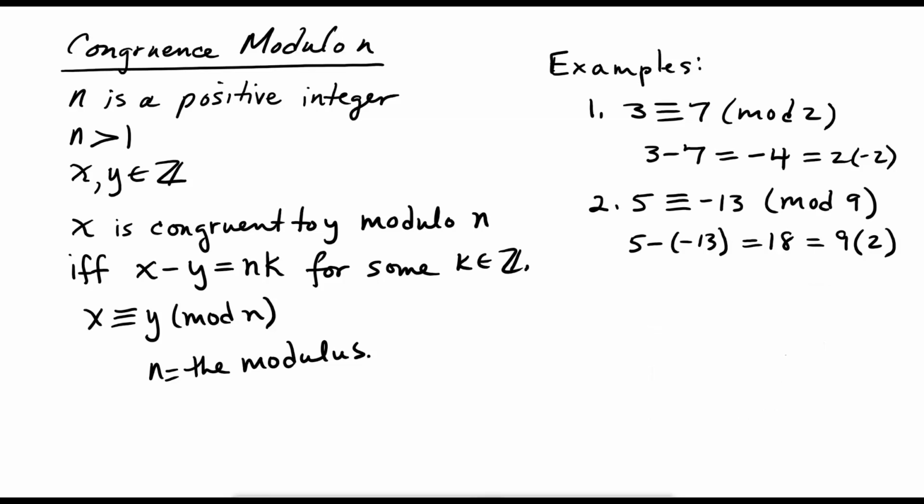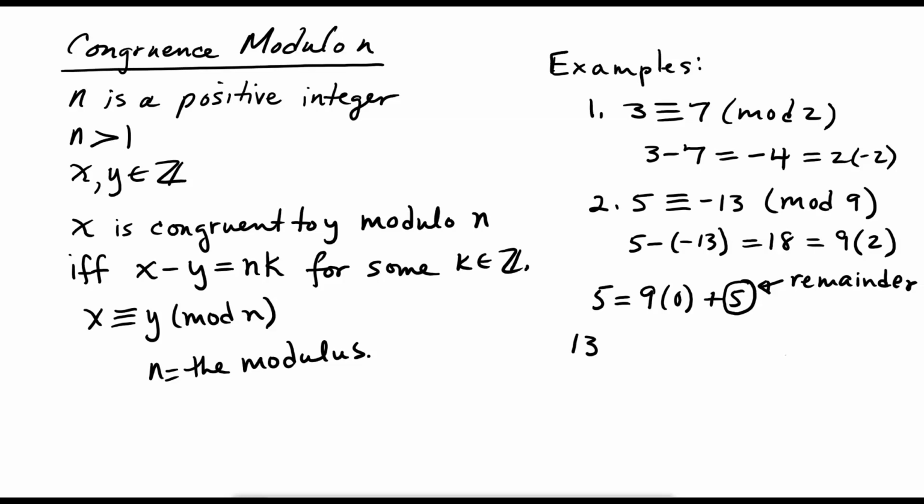Let's see if that works for the second example. It's a little more difficult to see because 9 doesn't go into 5, but you can use the division algorithm to write 5 is equal to 9 times 0 plus 5. And we know with the division algorithm, this number here is always the remainder. And it's another challenge to divide 9 into -13. Well, let's do it.